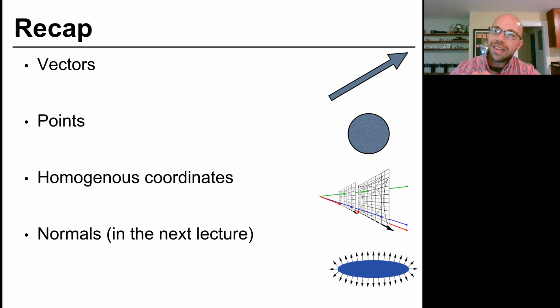In doing that, we saw that we ended up writing vectors as coordinates that end in a 0, and we wrote points as coordinates that end in a 1, right? And that was essentially to turn on and off that last column of the frame matrix, which was the origin point. But we also noticed that we could do lots of arithmetic on those vectors. We could add them, subtract them, and sort of have a consistent picture.